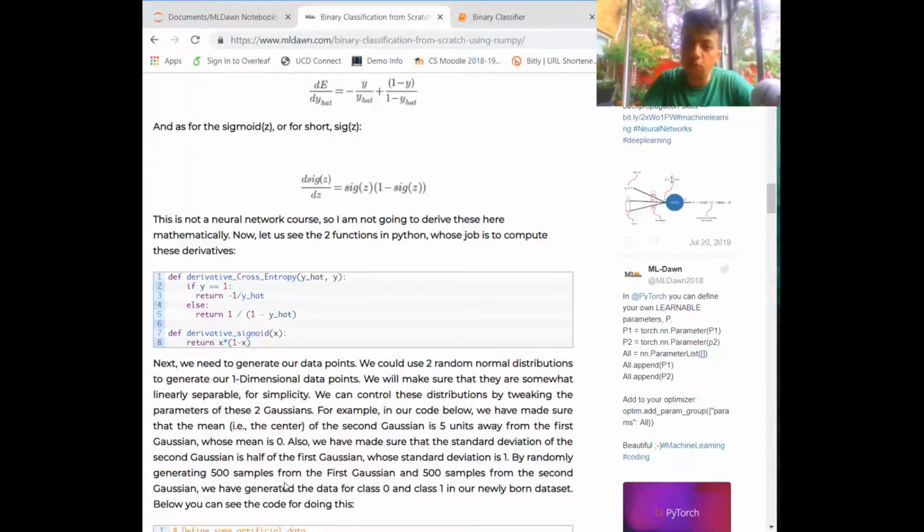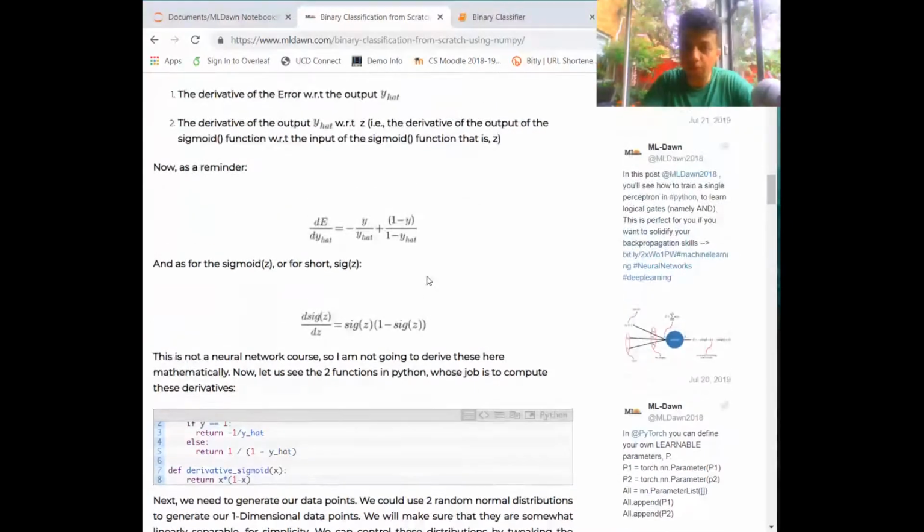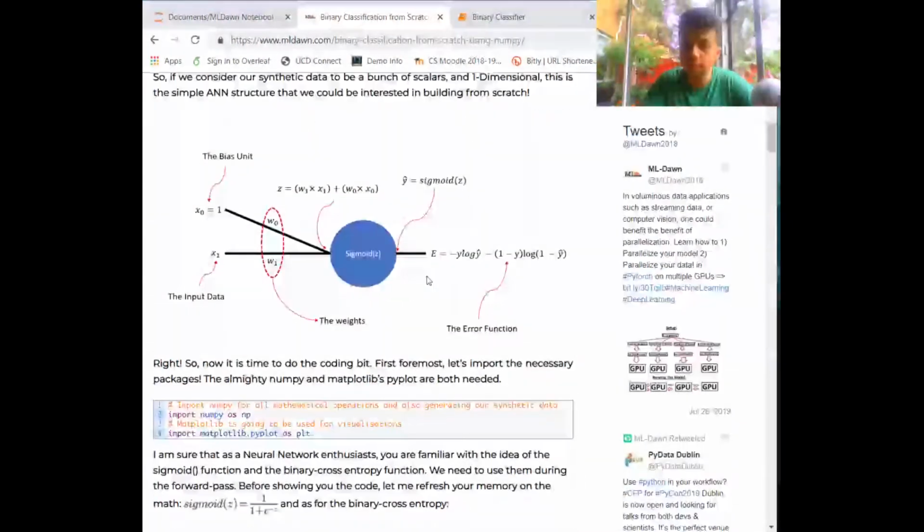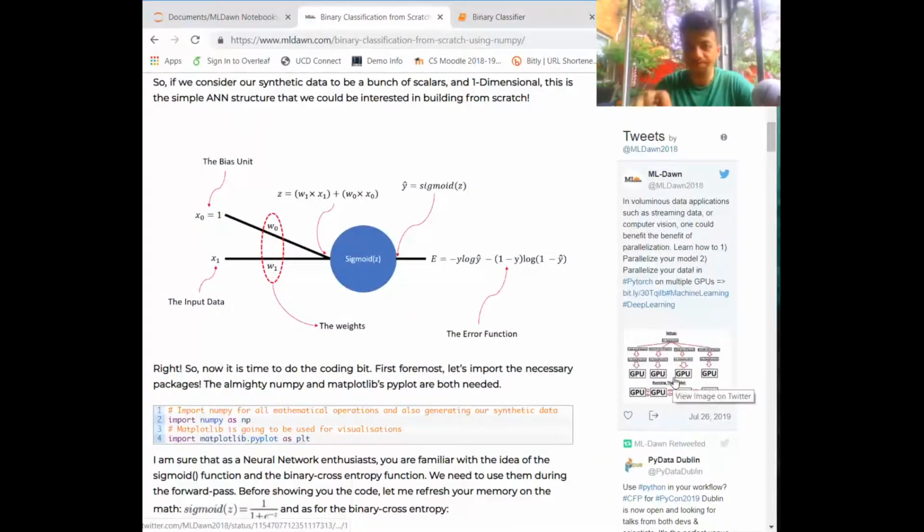Now, before I move on, I just want to show you something before I start coding. If you look at this diagram over here, z is a function of your inputs, linearly combined by the weights. Y hat is a function of z, and error is a function of y hat.